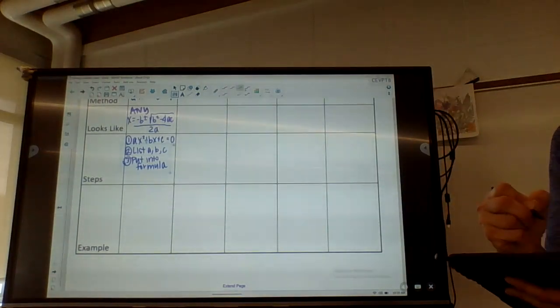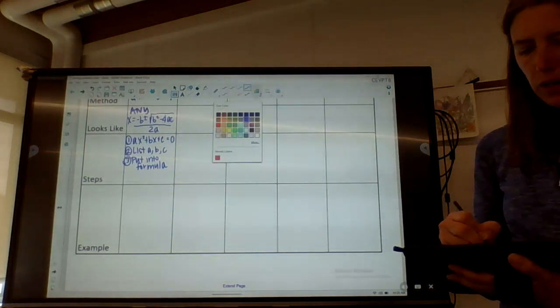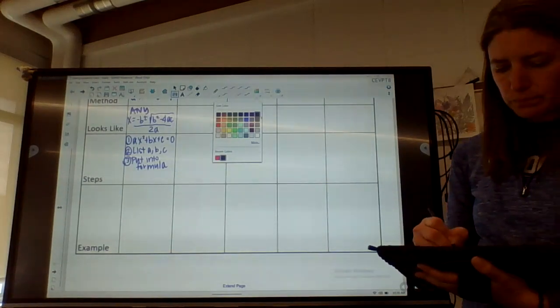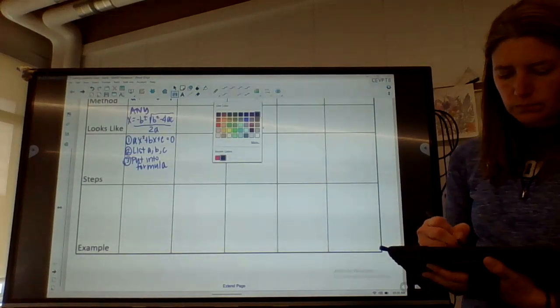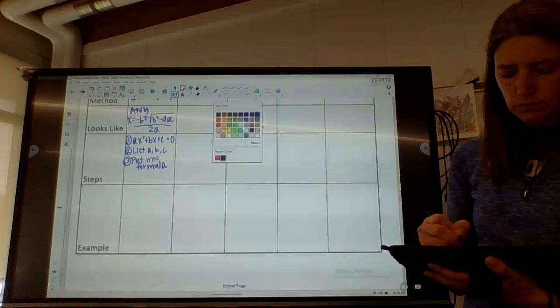So I'm going to do one that's already solved for 0. So this is our equation.